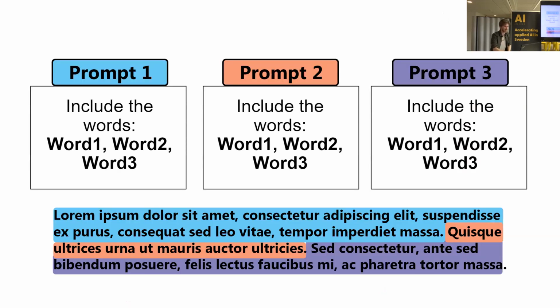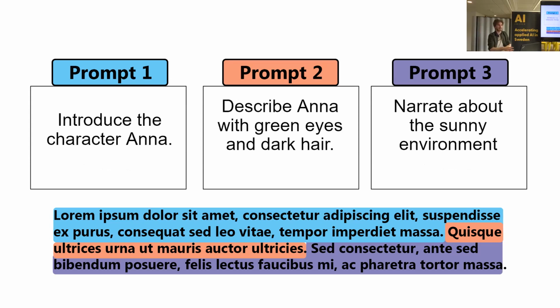Of course, there are some interesting things you could do which are not word inclusion. Maybe we want to steer the narrative, maybe we want to have sentiment, there's a potential plethora of stuff you might want to be able to steer. You could also say that maybe you want to have a different type of prompting scheme, introduce the character Anna and say that now you want her to have green eyes and talk a little bit about the environment.